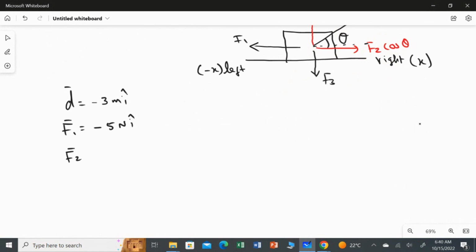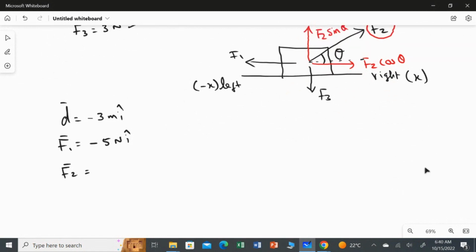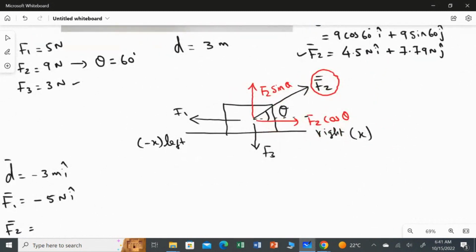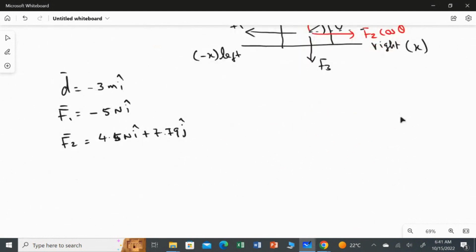And F2 we got as 4.5 Newton I cap plus 7.79 J cap, and the third force is the vertical force, downward direction, which has the magnitude of 3 Newton. So minus 3 Newton J cap.